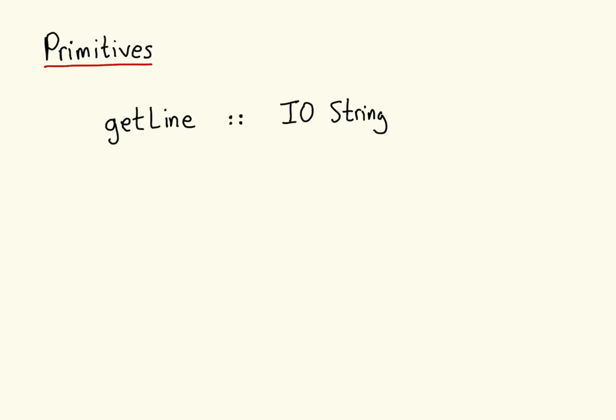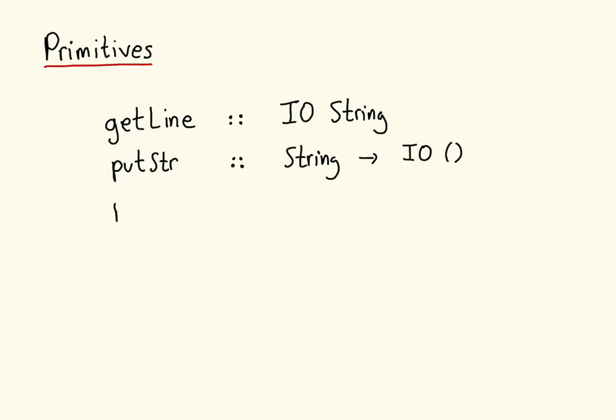And it's defined recursively by repeatedly calling getChar until someone hits the return key at the end. Then we had the dual primitive, which is called putStr, and it takes a string as an input, and gives you back an action which simply prints all those characters in the string on the screen. And again, this is defined using recursion in terms of the putChar primitive.